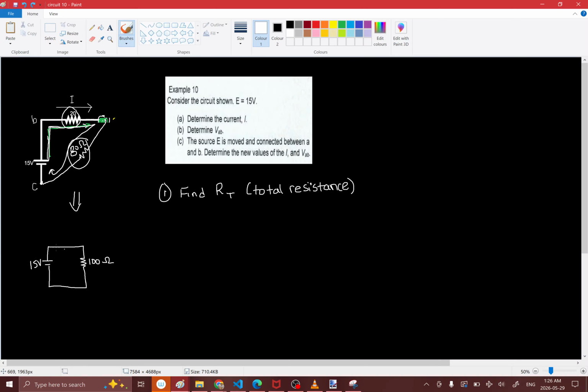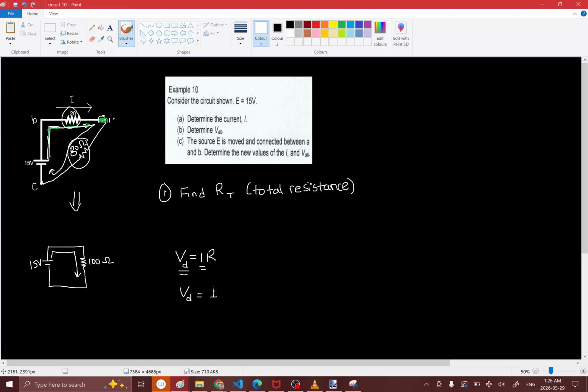So all the current that comes out of the battery has to go through this resistor. And we have a formula, V is equal to IR, which describes the voltage drop across a resistor. So the voltage drop across a resistor is equal to the current that moves through that resistor.